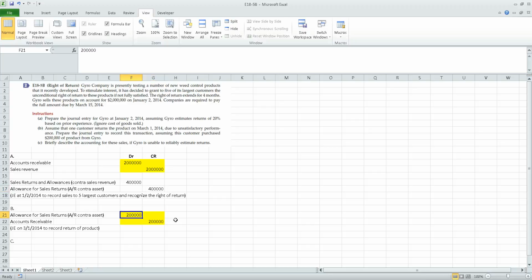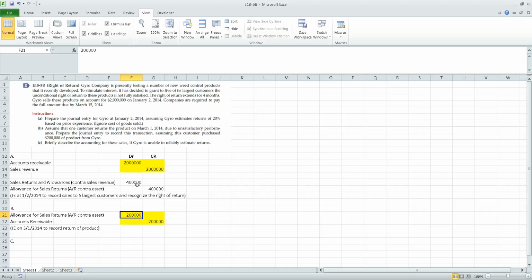So the accounting for this has a lot of similarities to what we do in accounting for bad debt expense. In the case of bad debt expense, if you'll think back to intermediate 1, you estimate the amount of receivables that eventually are going to prove to be uncollectible, and debit bad debt expense, credit allowance for doubtful accounts.